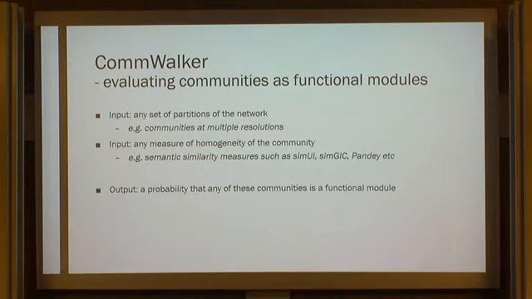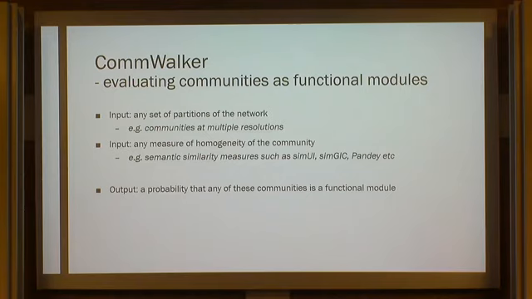So what I want to be able to do now is evaluate communities which I couldn't evaluate before, because I just didn't see them, they didn't exist. So what I'm going to do as an input is take any set of partitions of the network. I don't actually care how you broke it up. I'm going to use 3 or 4 different community detection measures, but whatever you like.